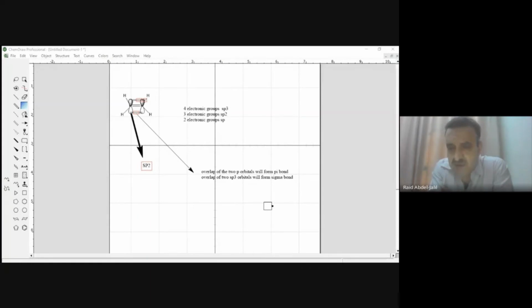Why, Mazen, is sigma always a stronger and less energetic bond compared to the pi? Why, Mazen? Mazen al-Rashdi, I'm waiting for your answer.